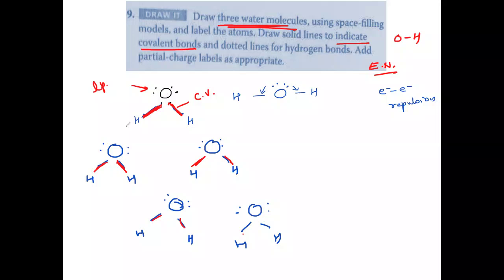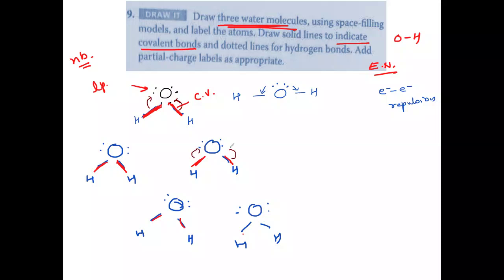What are lone pairs of electrons? Non-bonding electrons, which do not participate in bond formation. Now, since oxygen is highly electronegative, it has a tendency to attract the bonded electrons towards itself.